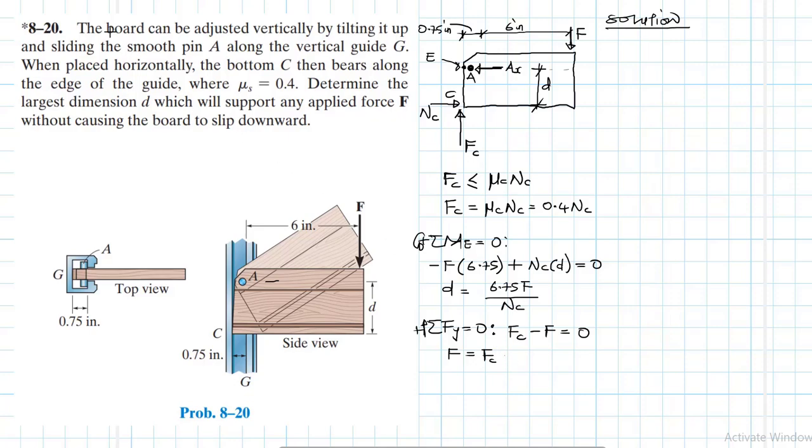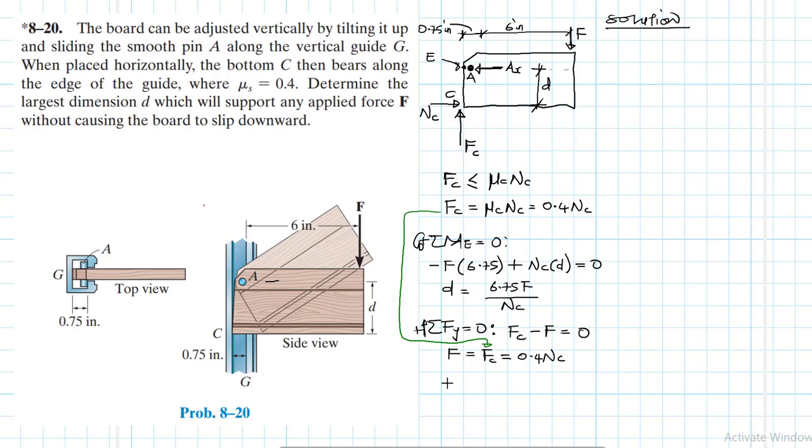Remember, what did we say FC is? We found it to be that, so we can replace it here. So this becomes equal to 0.4 NC.